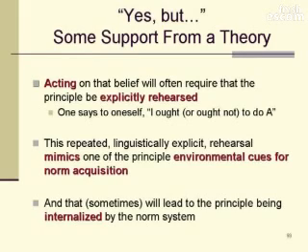Well, what do you have to do when you're trying to stick with a principle that you are explicitly committed to? Well, you often have to explicitly rehearse the principle. Here's what I should do whenever the situation arises. You say to yourself, I ought or ought not to do A. And what's clever, I think, about Saunders' argument is that he points out there's a fair amount of literature suggesting that one of the environmental cues that leads to norm acquisition is the linguistic cue.